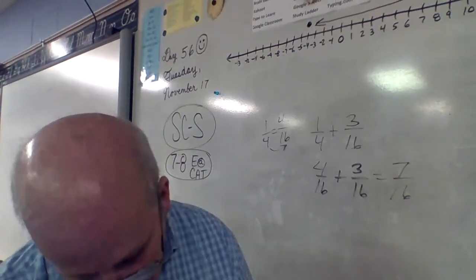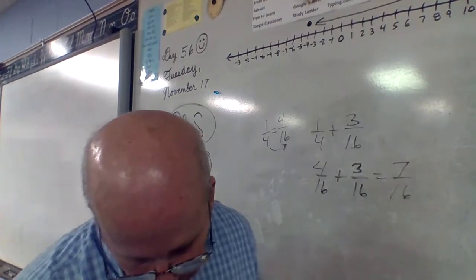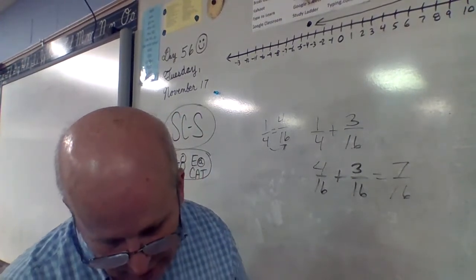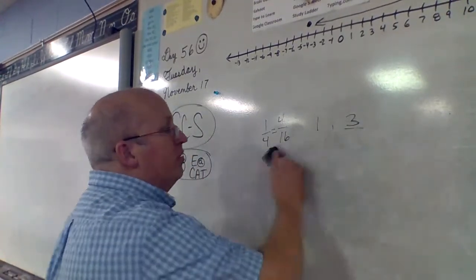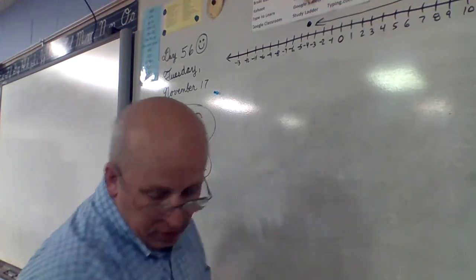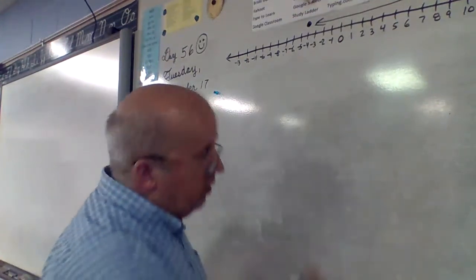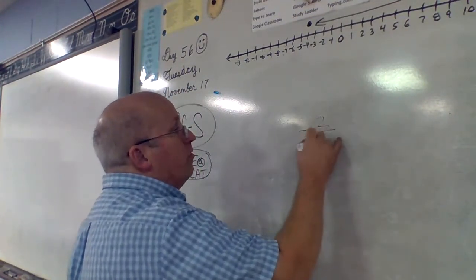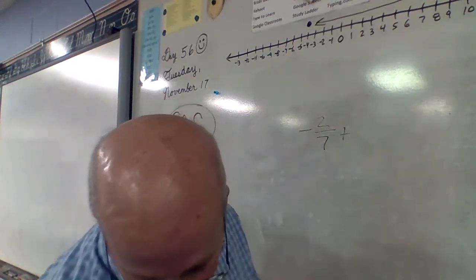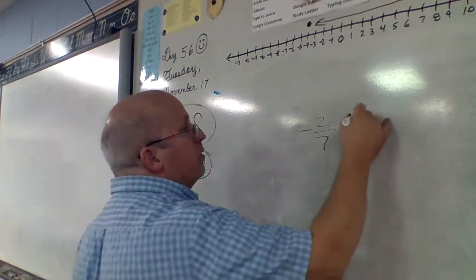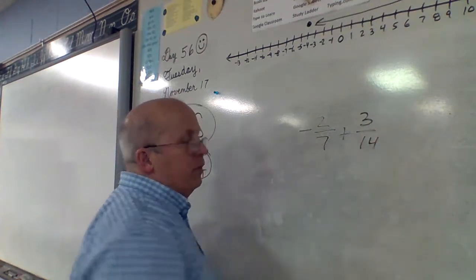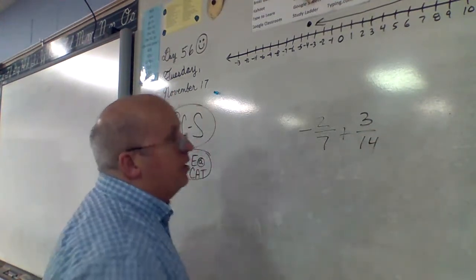How about number 6? We're adding a negative number to a positive number. How about something like negative 2/7 plus a positive 3/14? Very similar to what you got there.